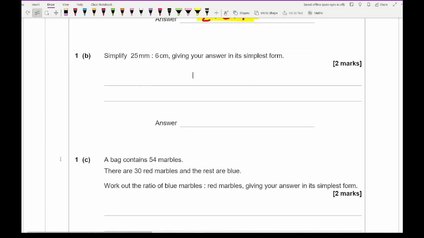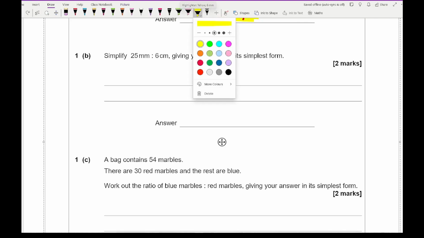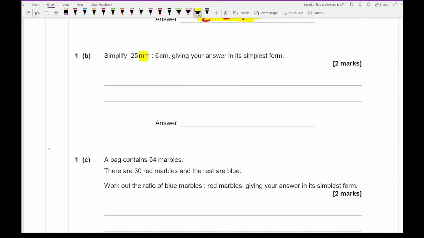Moving on to question 1b, it says simplify 25 millimeters to 6 centimeters, giving your answer in its simplest form. Now again, one thing you need to remember or spot is that the units are different. So either you convert them both into millimeters, so that's going to be 25 to 60, and then you simplify.